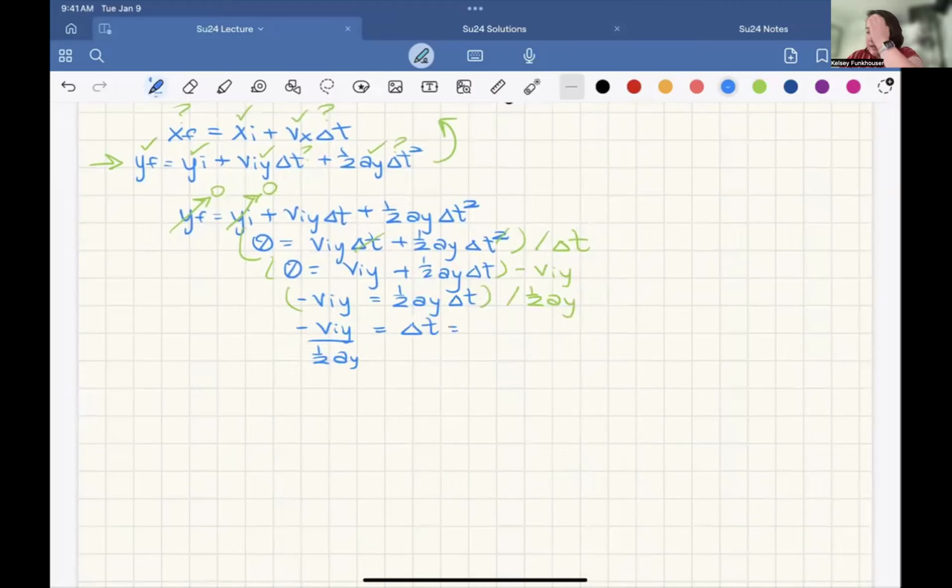And then let's write these out. So negative v initial times sine of theta for v initial in y. And then negative 1/2 g, so that our negative signs cancel. And we'll plug the numbers now: 15.5 meters per second, sine of 36 degrees, divided by 1/2 times 9.8 meters per second squared.